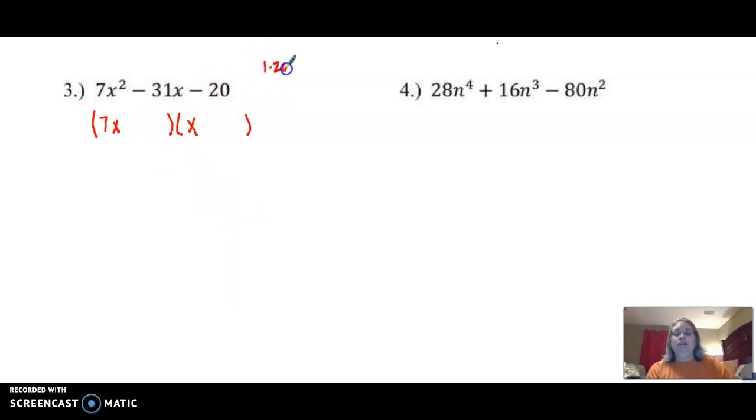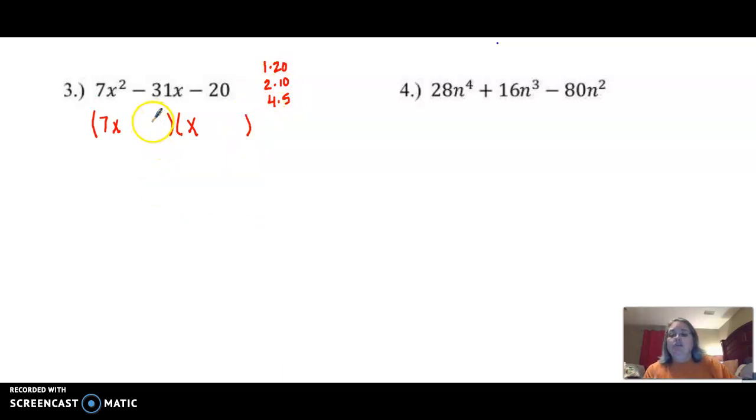20, and I look at 1 and 20, 2 and 10, no 3, 4 and 5, well, none of those will give me a 31. But don't forget, we've got this factor of 7 that we also have to take into consideration. So you could start with any factors you wanted.